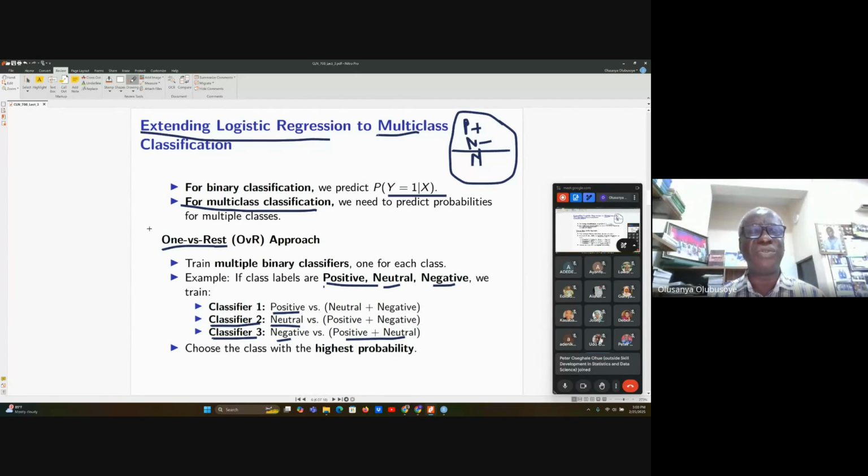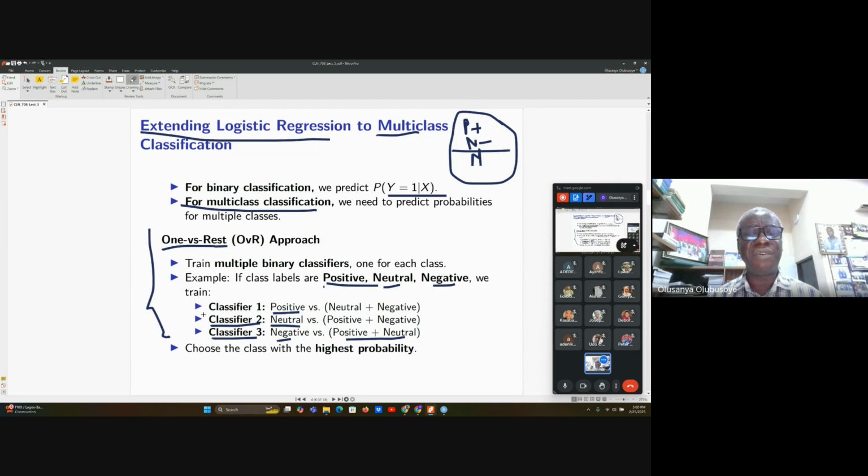But we are not going to deal with this, only for you to know that we can always extend logistic regression to multi-class groups. In that situation, we employ the one versus rest approach.